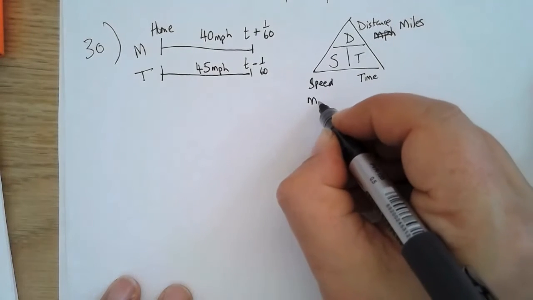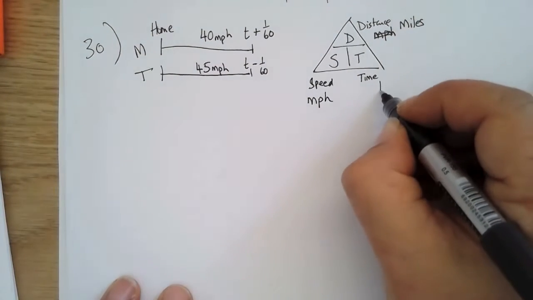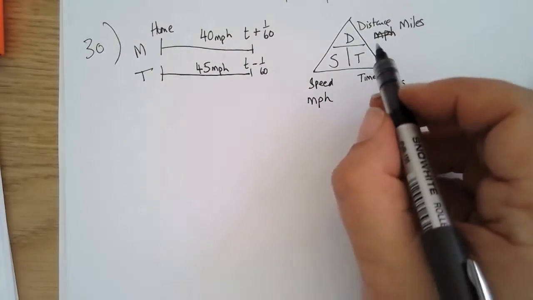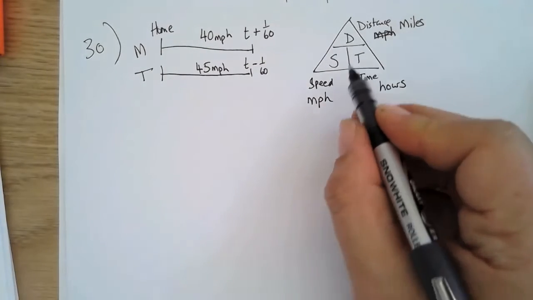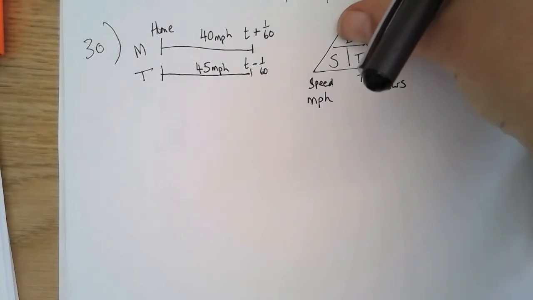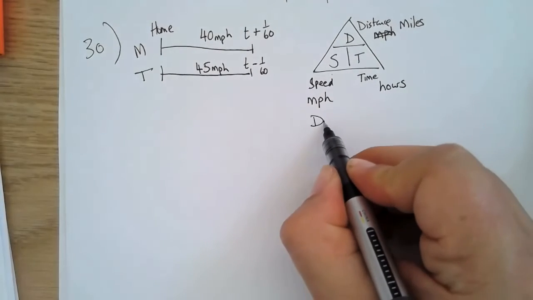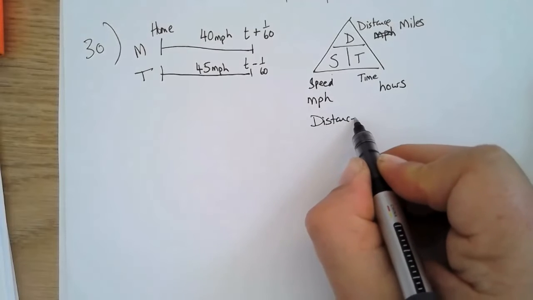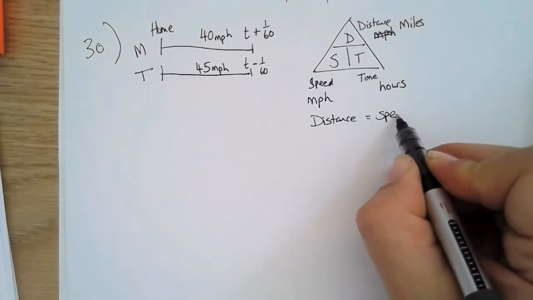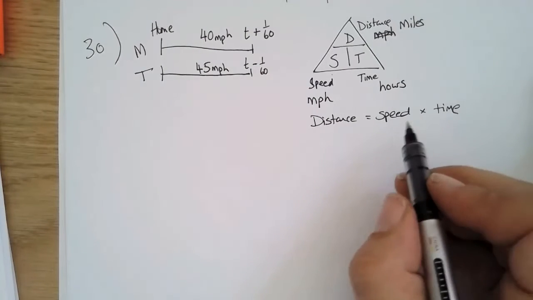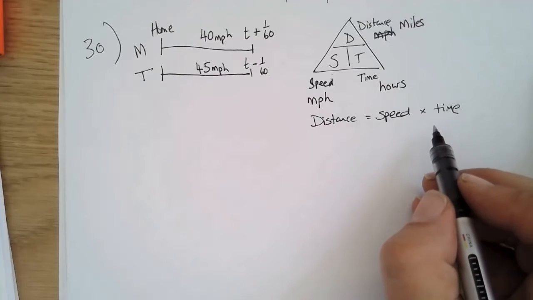This is in miles per hour, so this has to be in hours. The equation that we're going to use is distance. We're going to cover the d. That gives us s multiplied by t. So distance equals speed multiplied by time.